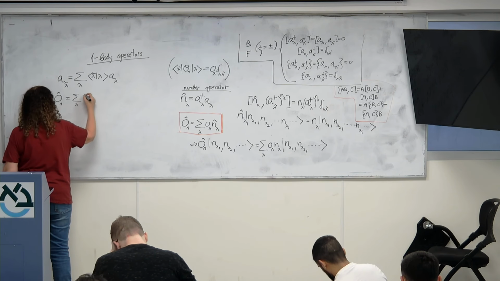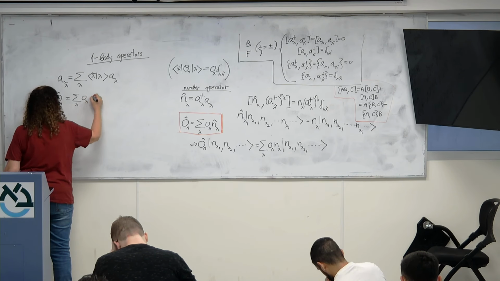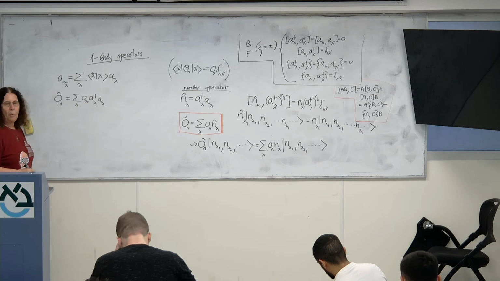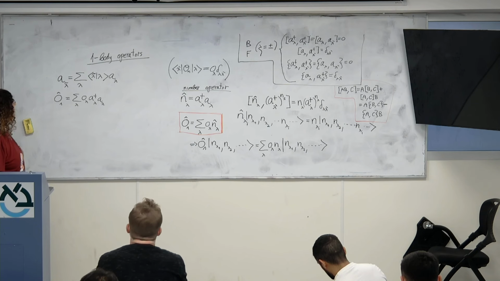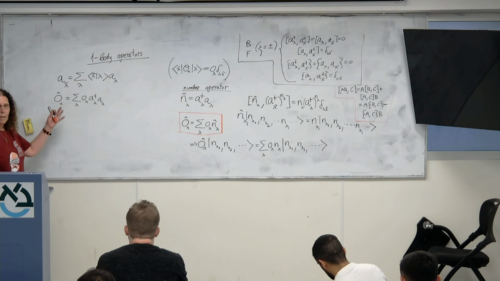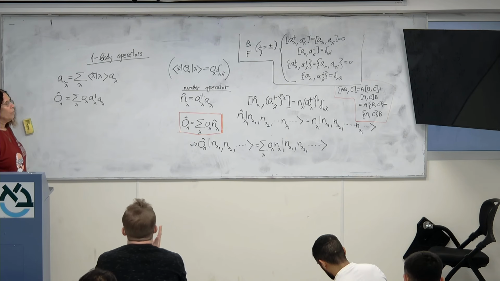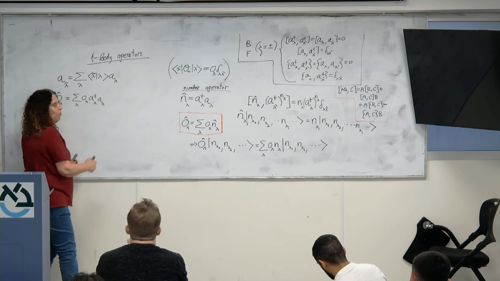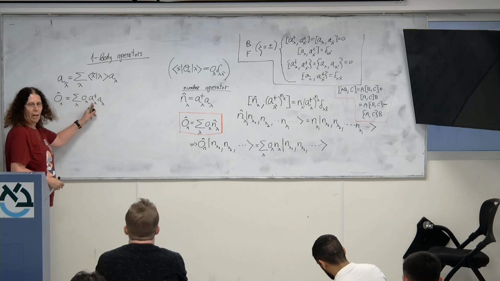It's a sum over lambda of O lambda, A lambda dagger, A lambda. Okay, but now I do a change of basis to some basis mu, and then I use this transformation for both the A and the A dagger.